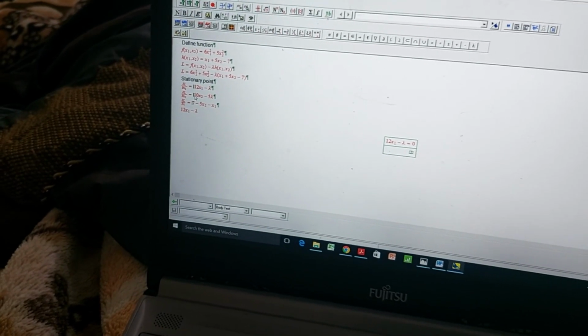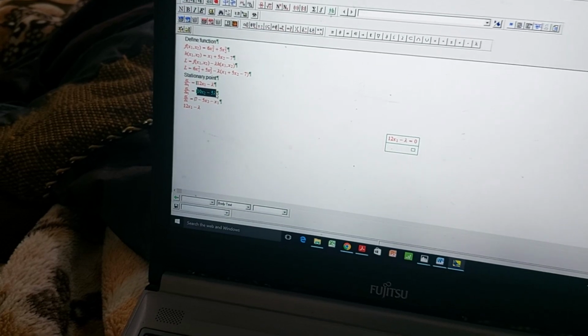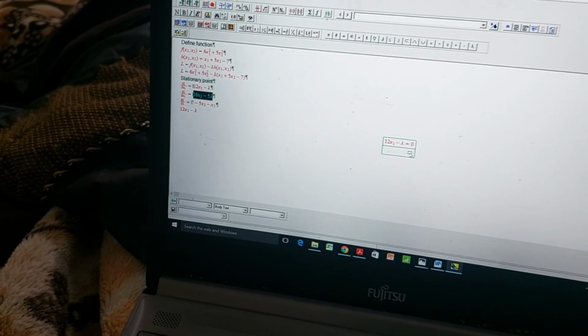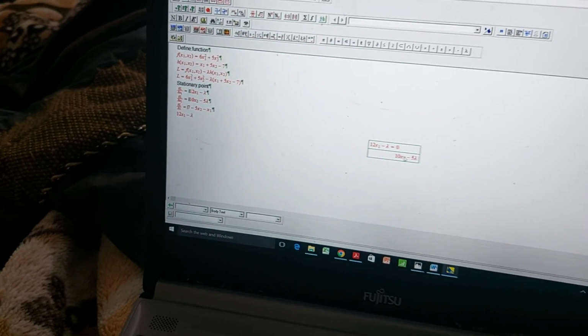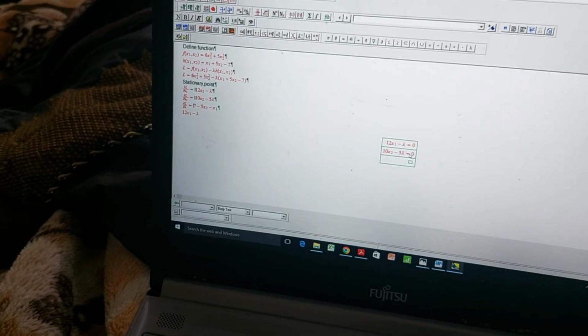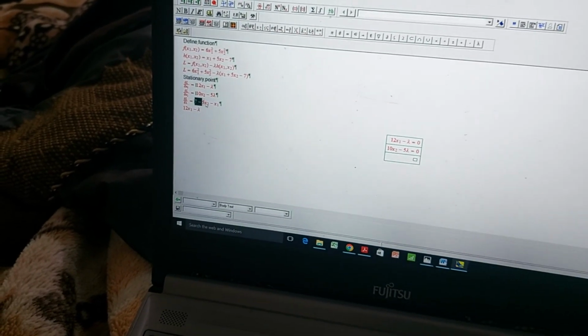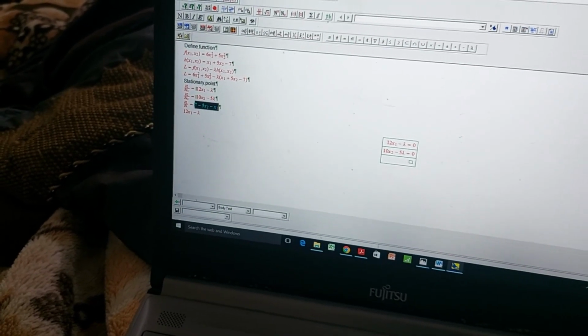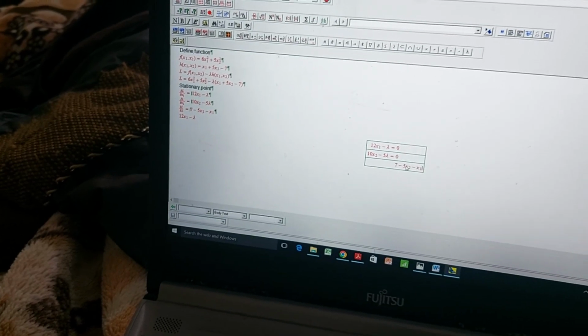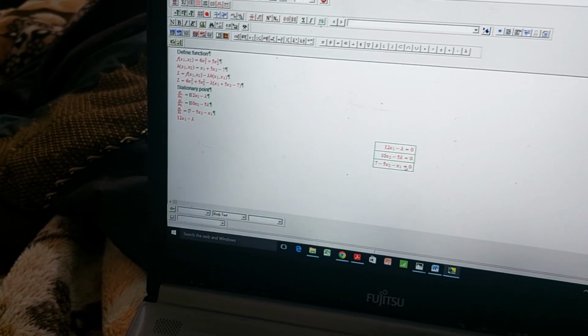Similarly for the next ones: Control C, Control V, equal it to 0, and again Control C, Control V, and equal it to 0.